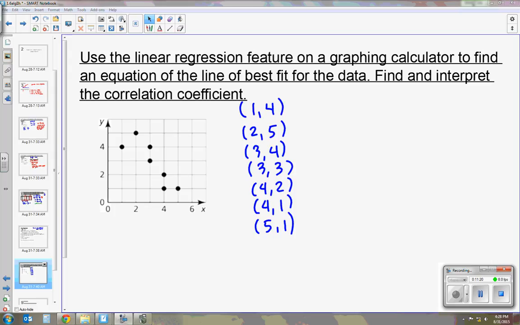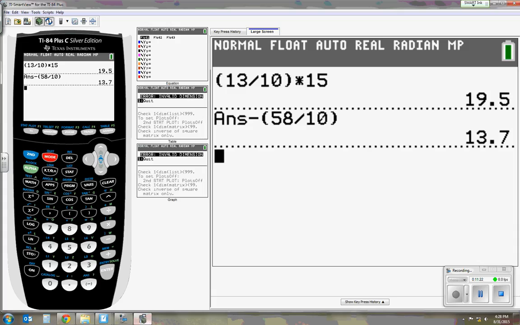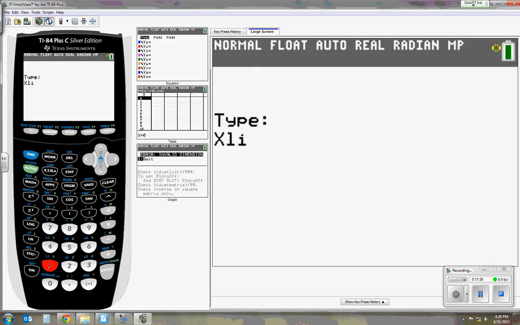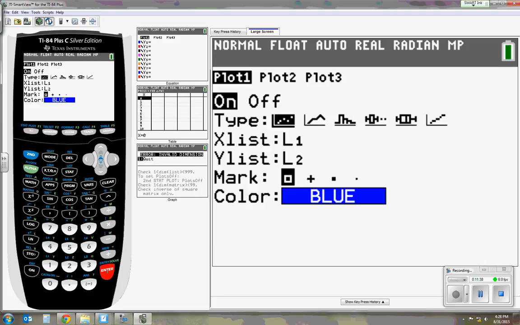All right, so by following the steps, okay, first of all, we've done our diagnostic on, so it'll give us the correlation coefficient. So our first step is to go to second stat plot and make sure our stat plot is on. Mine is already on, but if yours is off, you can just push 1 and then highlight the on and push enter, because we have to have our stat plot on to be able to do this.